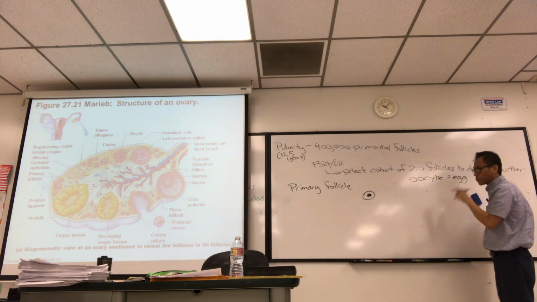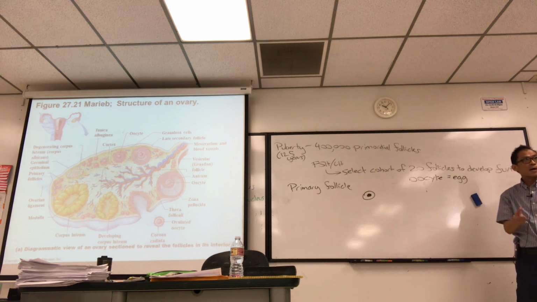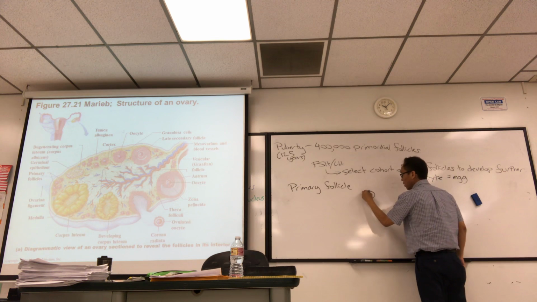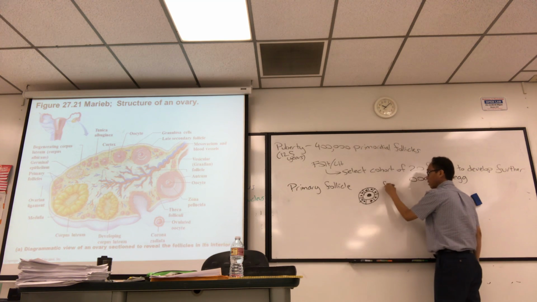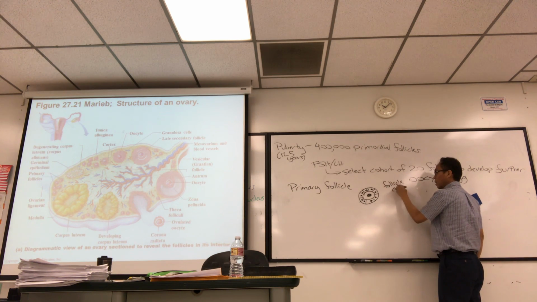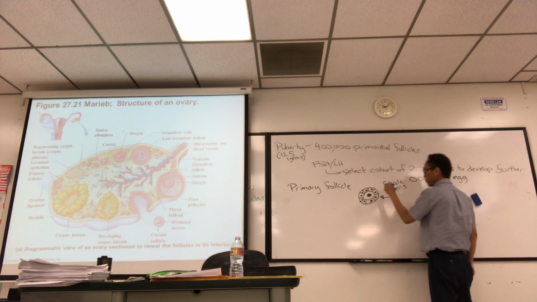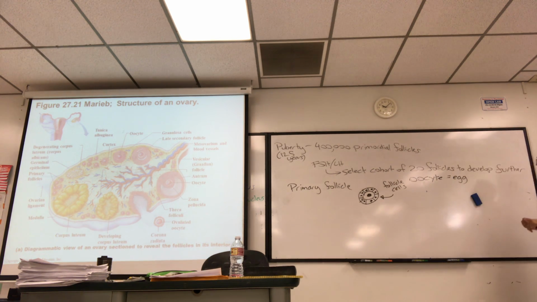It's surrounded by a layer of cuboidal cells, cuboidal follicle cells. Primary follicle. Now, it's still immature. It can't really do anything. And when I say it can't do anything, it can't secrete the hormones yet. You kind of have to wait for further development.